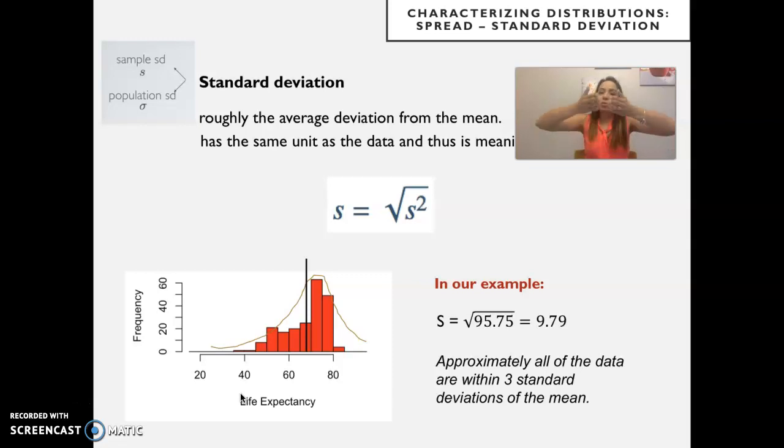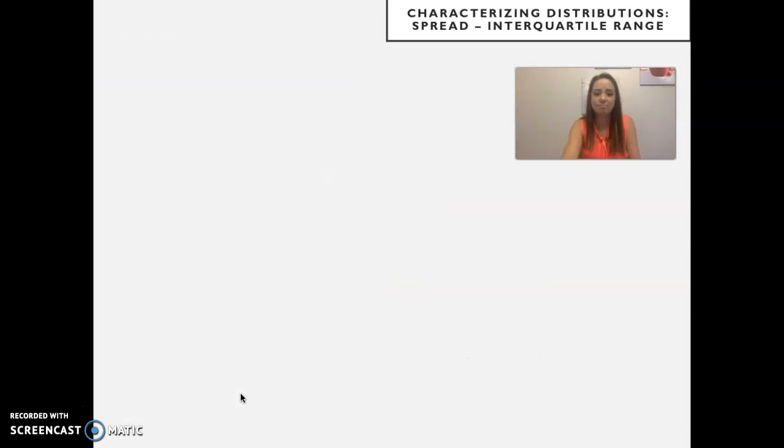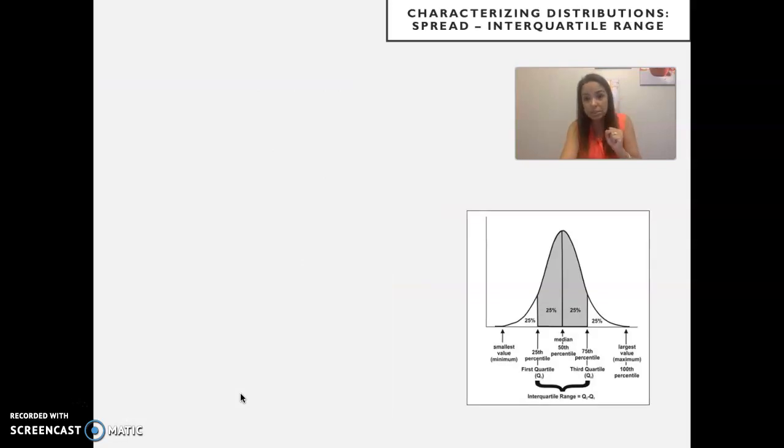If you do the mean plus or minus 2 standard deviations, you have about 95% of the data in there. If you do the mean plus or minus 3 standard deviations, as I said, almost 100, closer to 99%. Okay, so you know more or less based on the standard deviation how much data is encompassed in that little range if the distribution is symmetric.